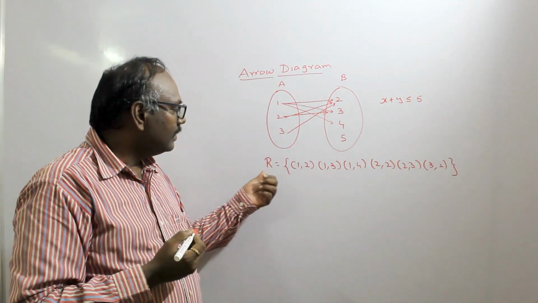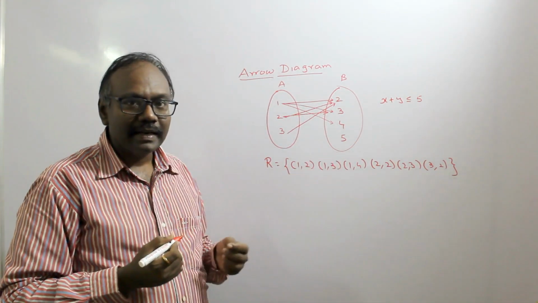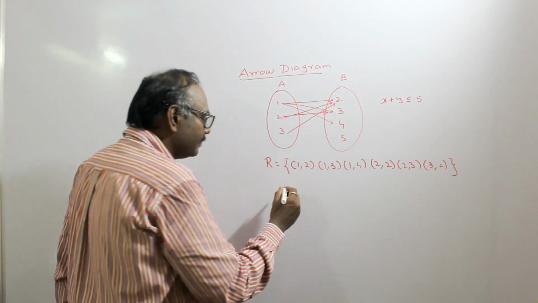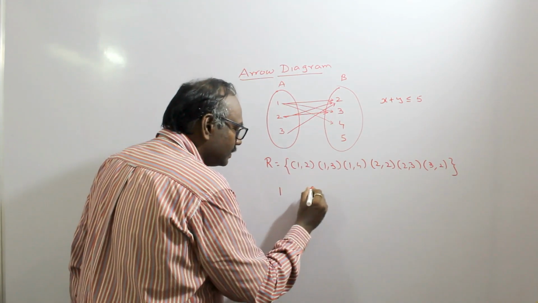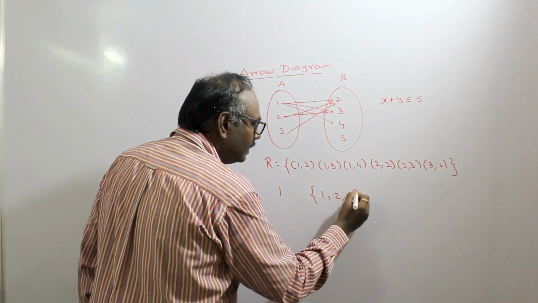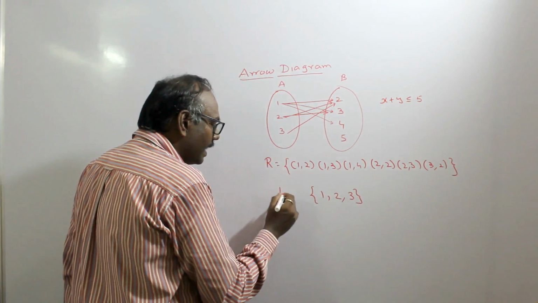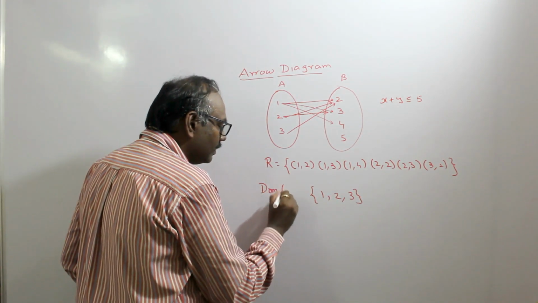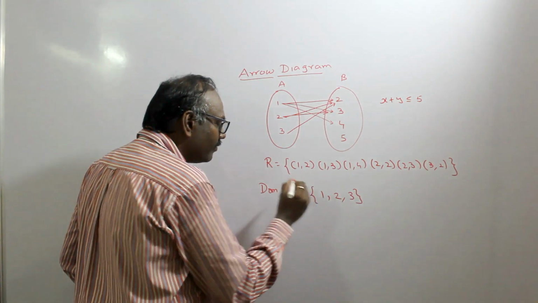Now the first part of each ordered pair are written as a set without repetition. So let us write that as set containing 1, 2 and 3. So that set is called the domain of R, shortly written as DOM of R.